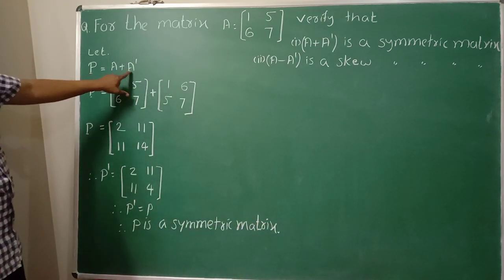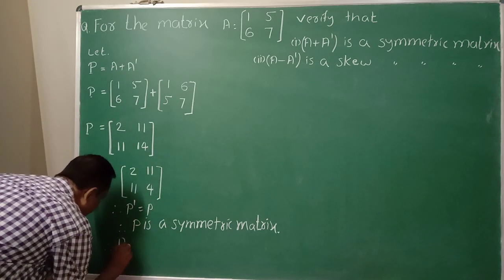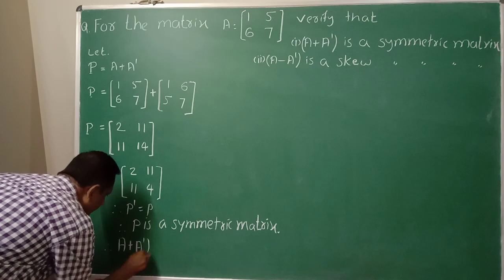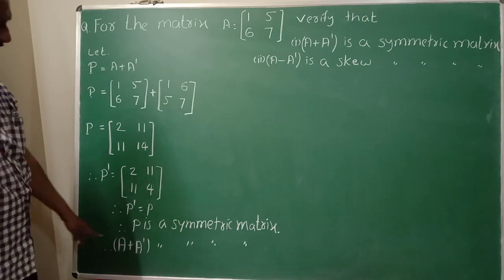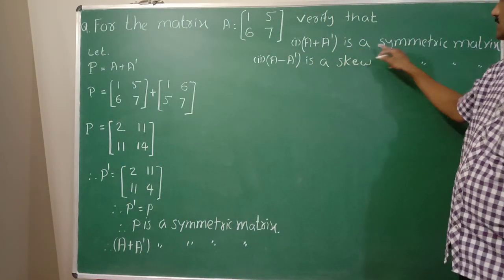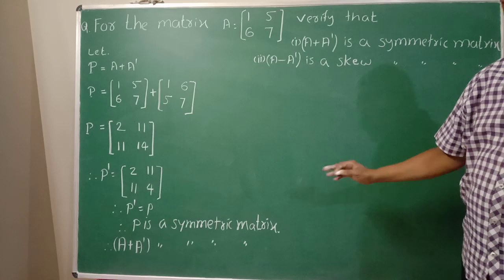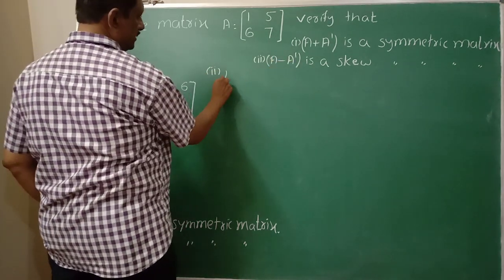P is A plus A dash. Hence A plus A dash is a symmetric matrix. The first result is that A plus A dash is a symmetric matrix. So we verified it. In this case, consider this one as Q.